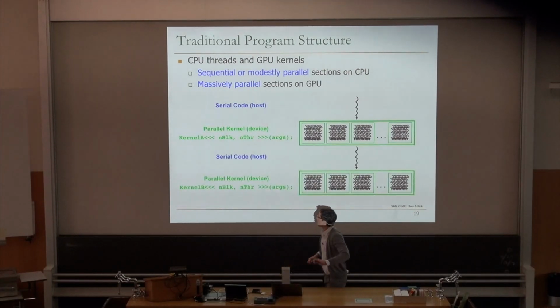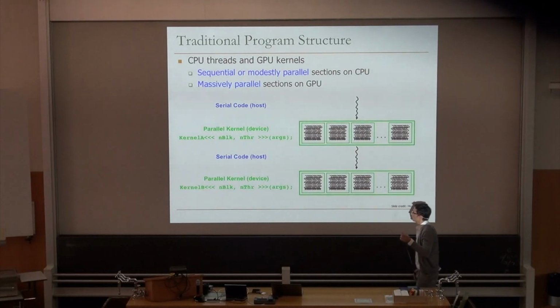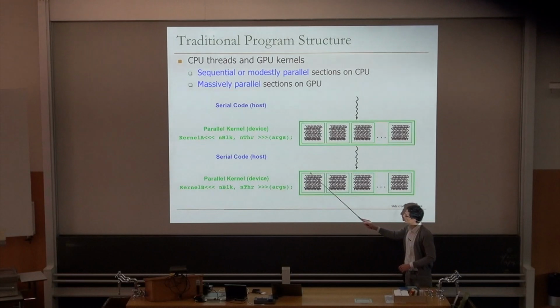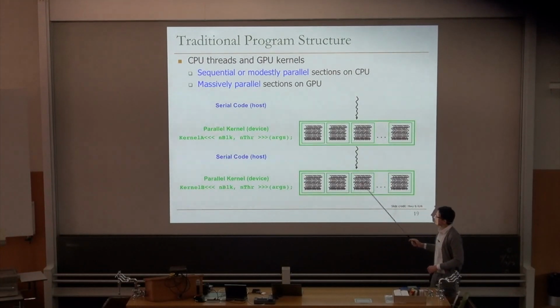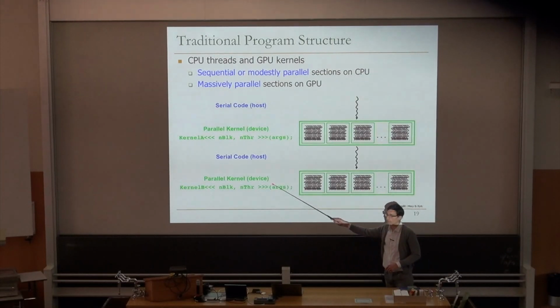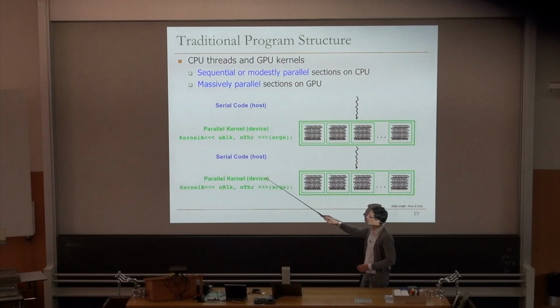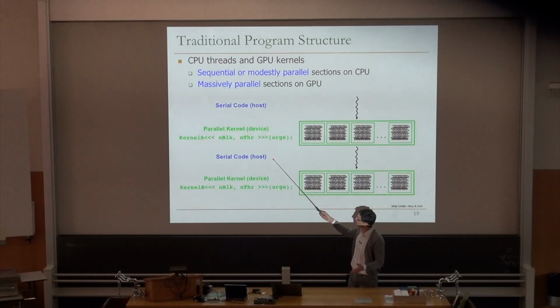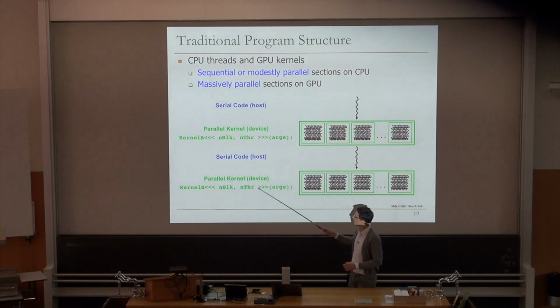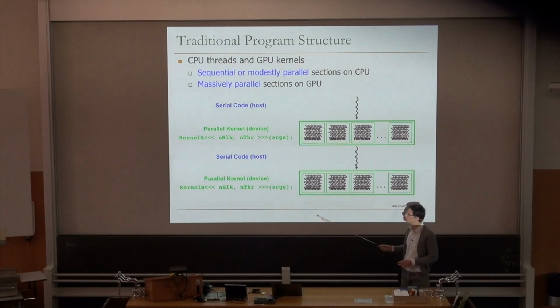You can already observe how the computation is organized on the GPU. This is the collection of threads that are going to execute this parallel kernel that runs on the GPU or device. From now on, we will use interchangeably GPU and device, as we will use interchangeably CPU and host. So now we talk about host and device, CPU and GPU.